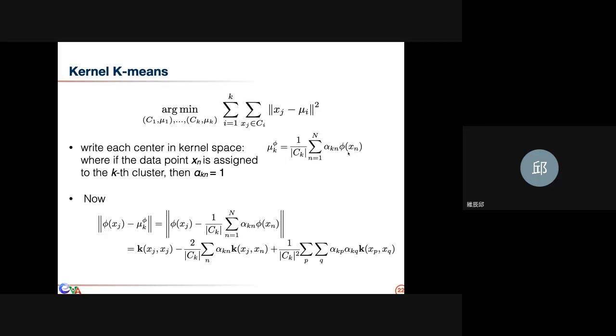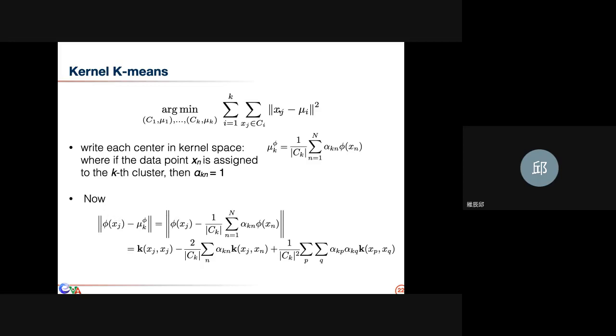This is quite simple. If alpha kn equals 1, then phi of xn is included in computing the center, because that means this xn is assigned to the k-th cluster. So mu k in the feature space can now be written in this way, okay?